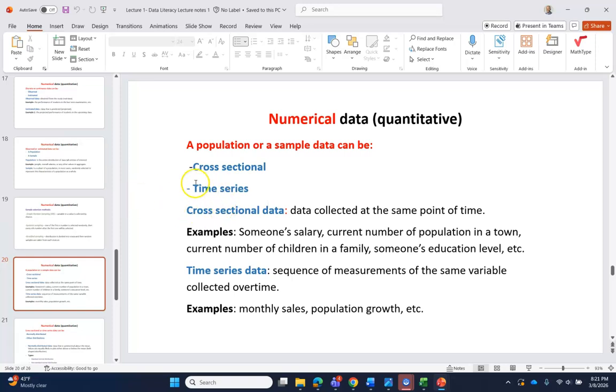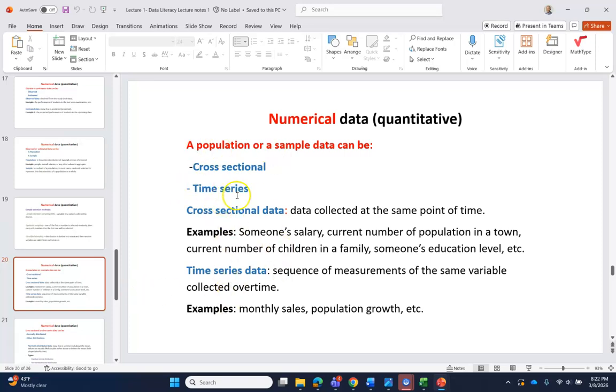But time series data is the data which is, we can say, historical data. We can look at how you've been earning your salary over time. So that's what we call time series data. It's data which has been collected over a period of time, not on the exact time.